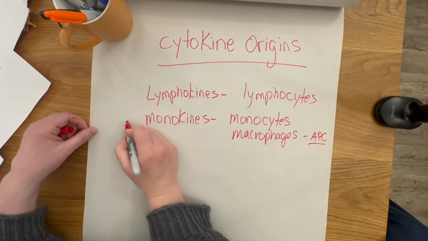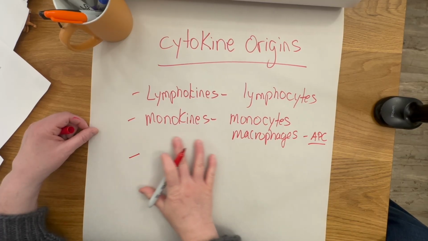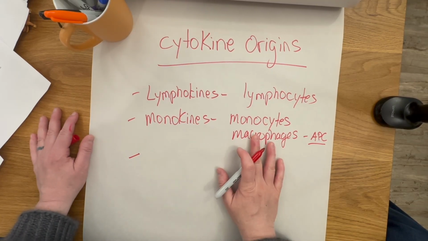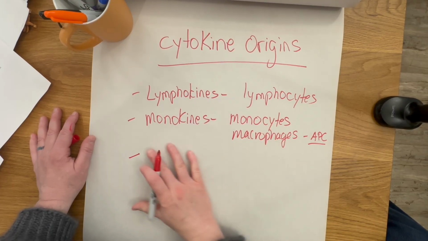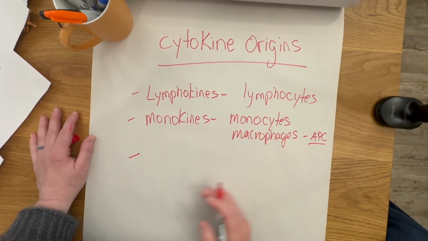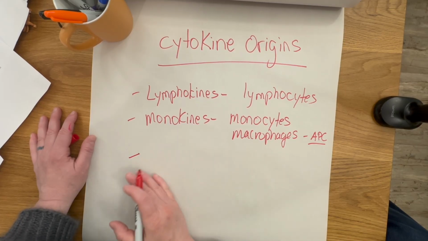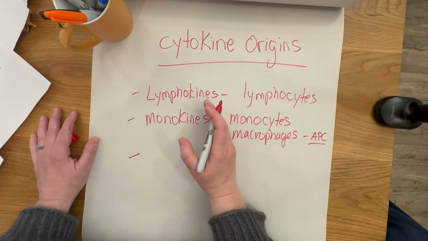Okay, monokines can be released by those. And lymphocytes and macrophages also secrete other types of cytokines, so many types of cytokines. Again, it's a very complex system, all right? And so they have to have lots of different messaging systems and ways of communicating chemically with the cells around them so that the response is just strong enough to get rid of the infection but not cause damage to our own tissues.